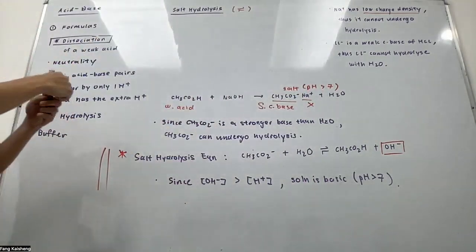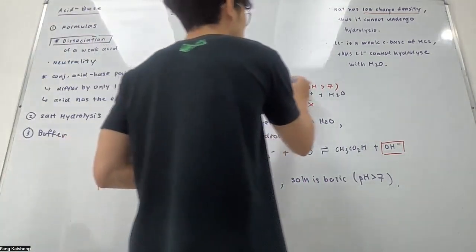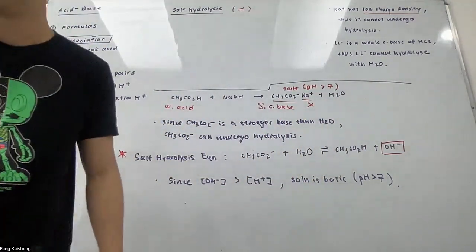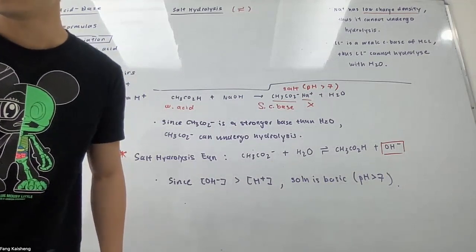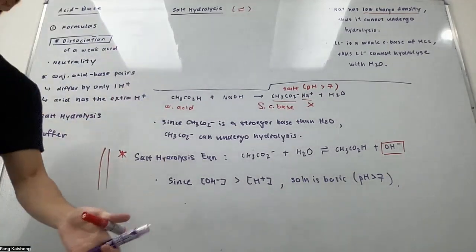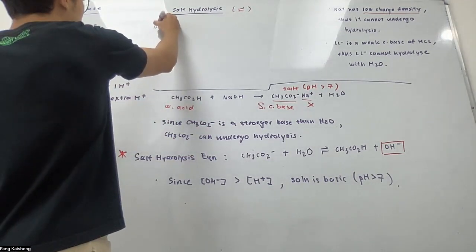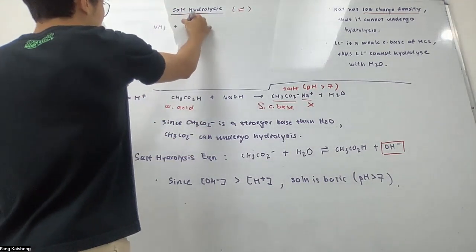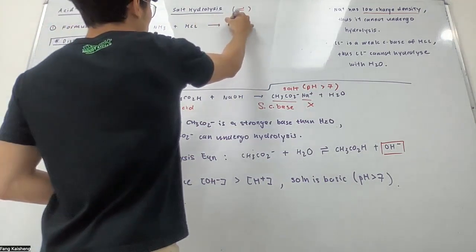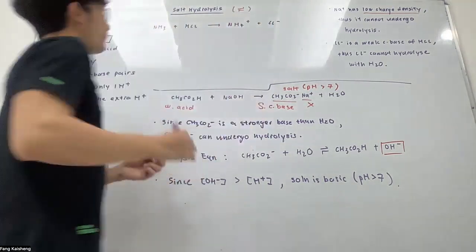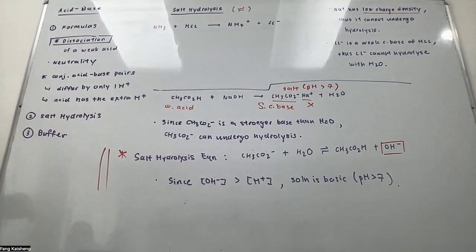Okay, instead, I need you all to take a look at the next page. Page 23, I think. Okay, we're going to look at another equation, similar. So I'm going to have a weak base, NH3, reacting with an acid HCl to form NH4 plus and Cl minus. Okay, can you all identify a partner?